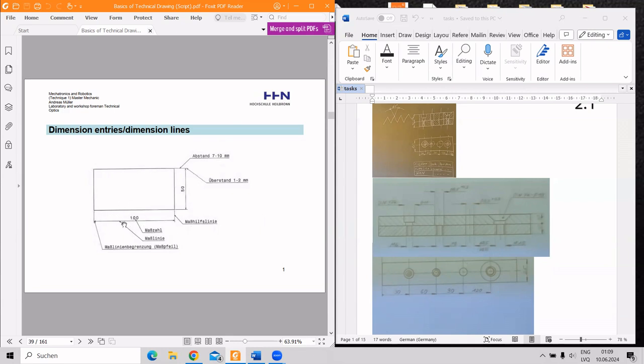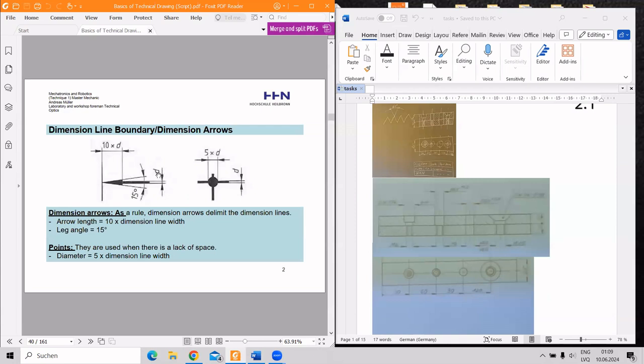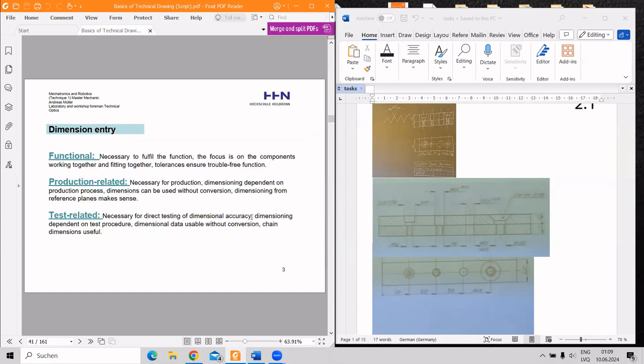And we must write the number if the arrow is horizontal on the top and if it's vertical on the left side. So it's designated here. It's really essential. Regarding arrows, the arrow edge must be very sharp, approximately 15 degrees, but in reality, no one measures it. And that's all here.